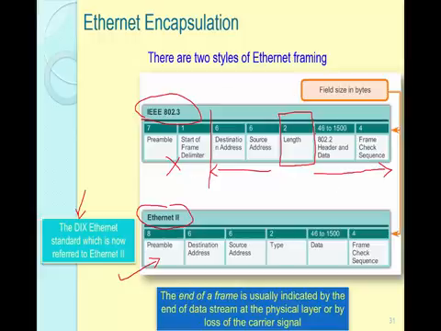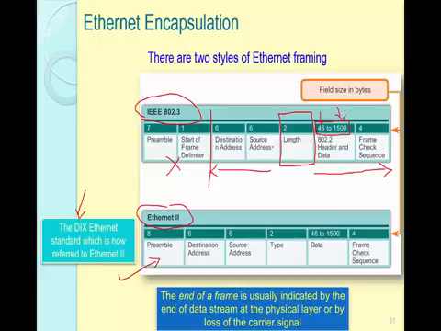Now notice that Ethernet imposes a limitation on the size of a frame. The data cannot be shorter than 46 bytes and can be no larger than 1500 bytes.